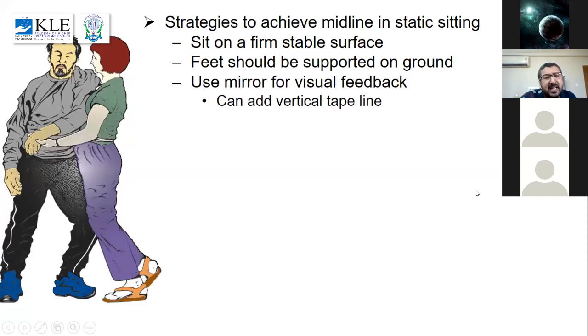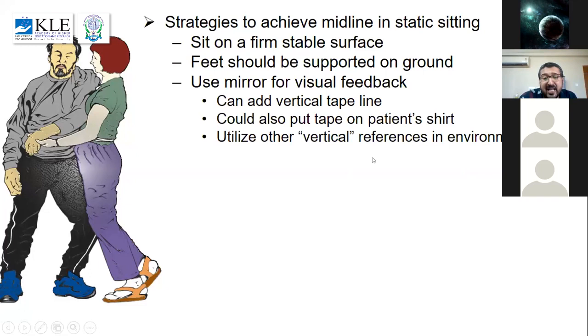Mirrors are good, and you can even use a vertical tape on a mirror. Even clothes with a prominent vertical line, a fluorescent kind, which catches the attention of the patient, will be even better. Basically, this is to ensure a vertical reference for the patient from the environment, so that based on the visual input, he can try to regain his verticality.